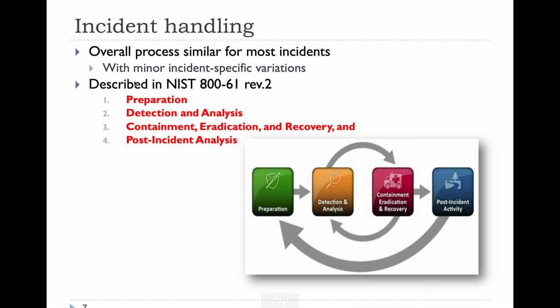So incident handling usually follows 4 main steps. The first step is preparing for an incident, meaning what we do before an incident even happens, we prepare for it, and we're going to see the steps that we do in the preparation stage. Then detect and analyze.